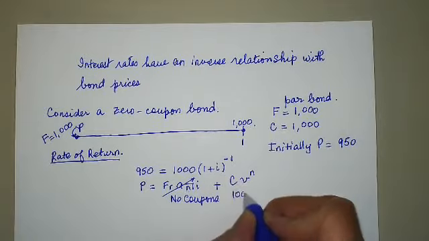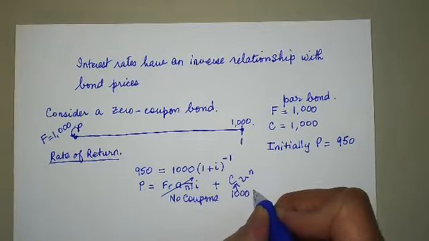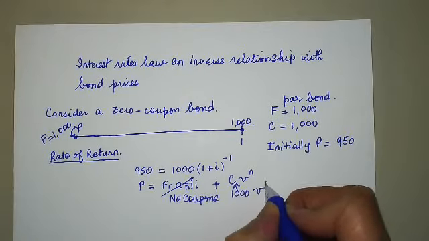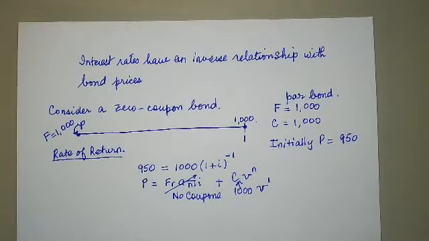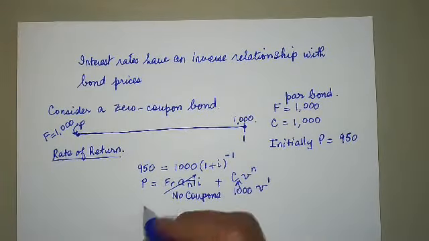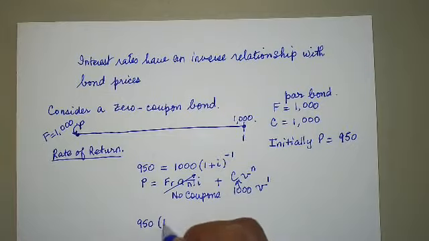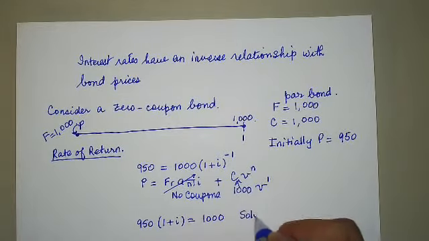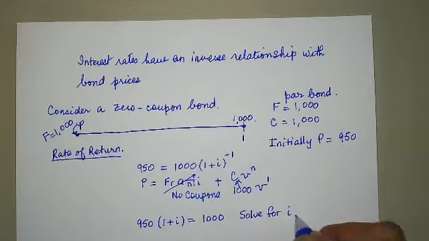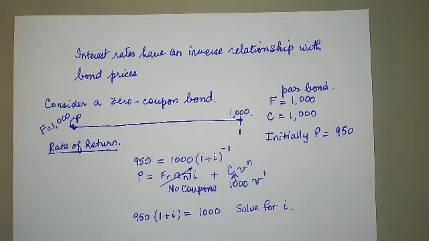So this is my C v to the n right now, 1,000 v to the 1. Okay, so we solved this equation. In other words, I could have done this too: 950 times (1 plus i) equals 1,000. Solve for i.